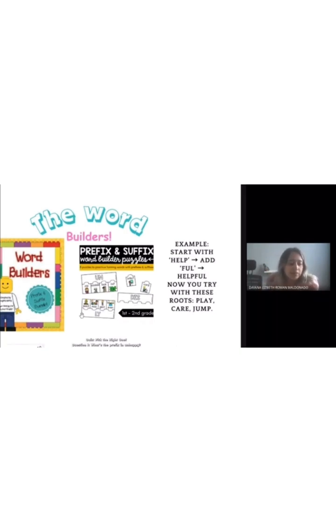In the same way, you are going to take the first prefix or suffix and choose the correct root. For example, we could use help, and the students are going to add full, helpful, and they complete the word with the two pieces. They are going to continue with other roots, suffixes and prefixes.